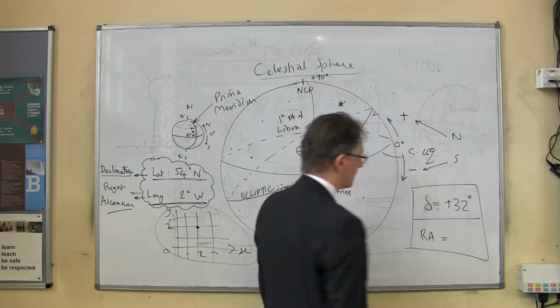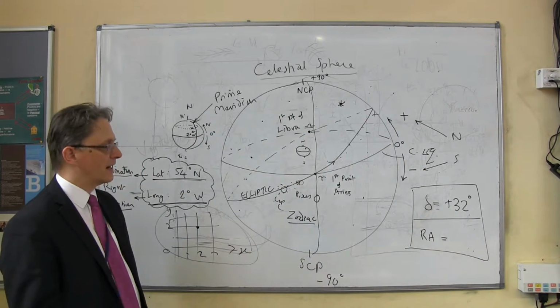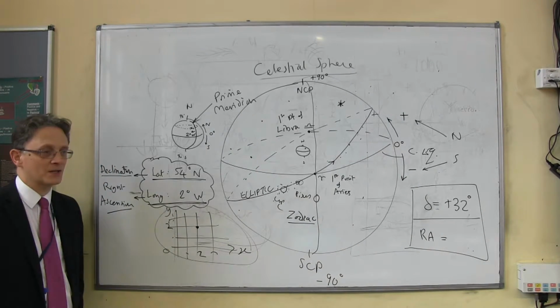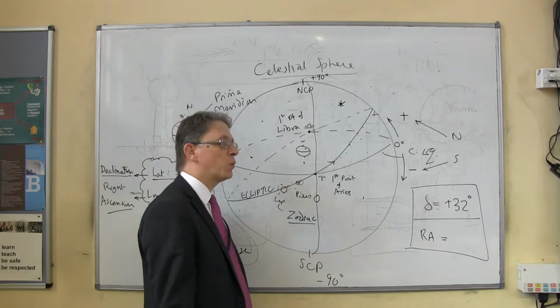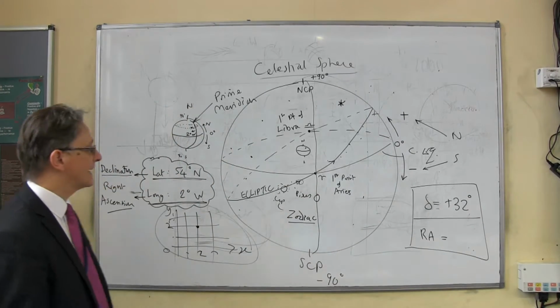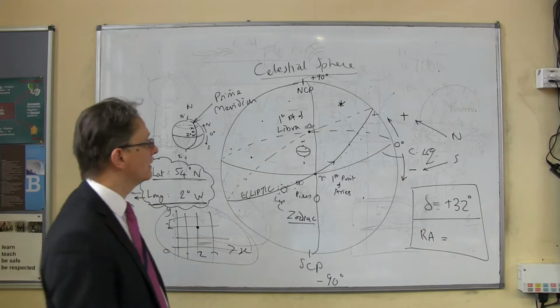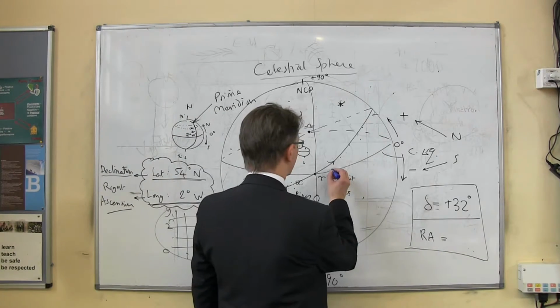Okay? So you have to have two coordinates. We've got declination and we've now got right ascension. Now right ascension is quite different to longitude. It doesn't have degrees east and west, which is what longitude has. It works in a slightly different way.